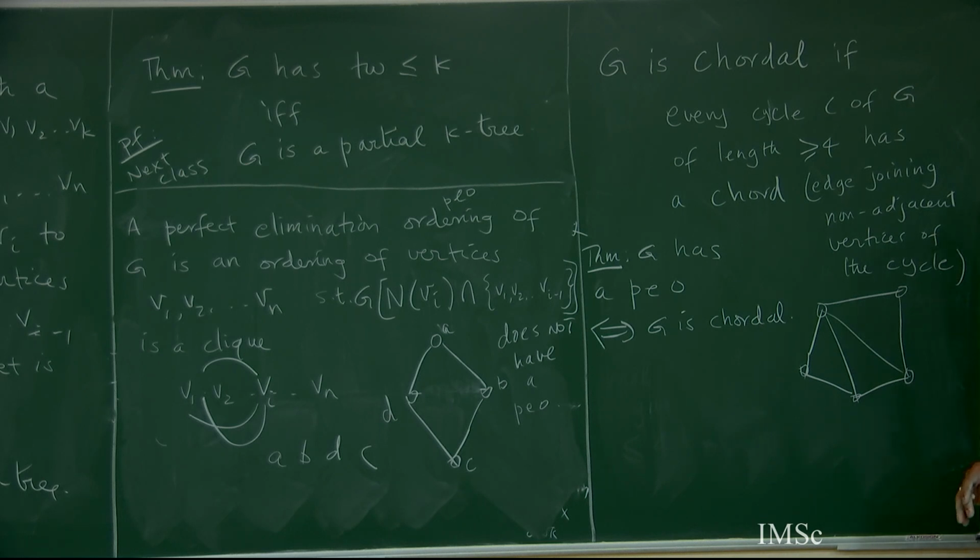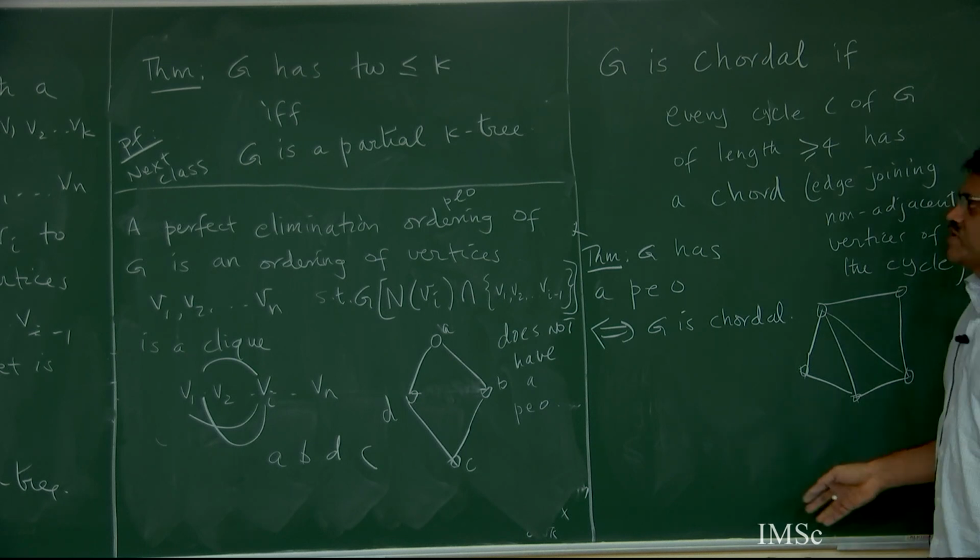So, what we will show next time is the converse. We will see the use of perfect elimination ordering. If you have a perfect elimination ordering, you can solve some problems that are NP-hard in general graphs easily.